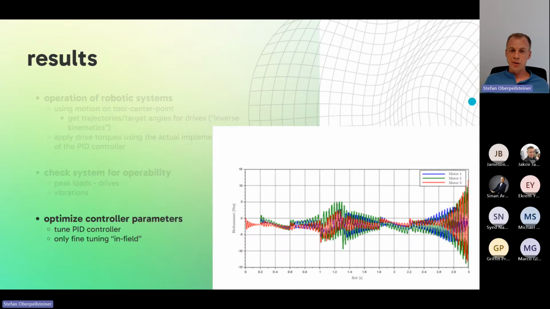And the most important thing here in this project, one of the outcomes, was that one can do offline optimization of controller parameters. Offline should mean here not in the field, but in the simulation, prior to ordering any part, only in the virtual case. So what we've done here is we simulated the current status.